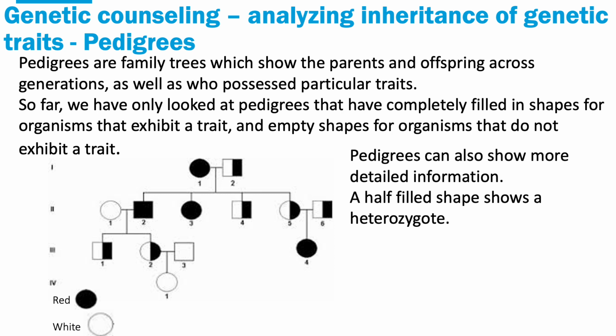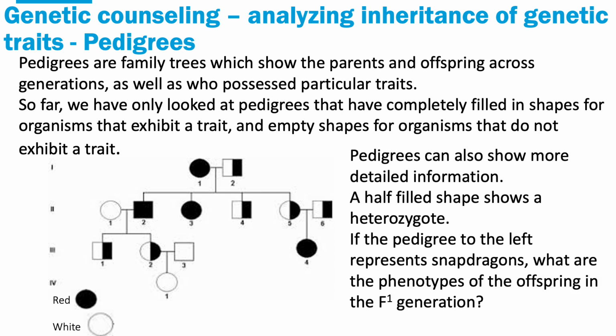So as we take a look at this pedigree, let me grab my pen. We want to know what are the phenotypes, remember phenotype is physically what we could see, of the offspring in the F1 generation. Well, the F1 generation is actually represented here.